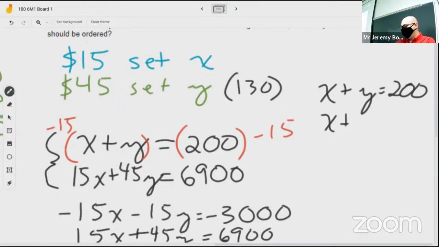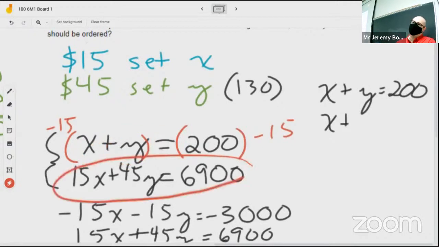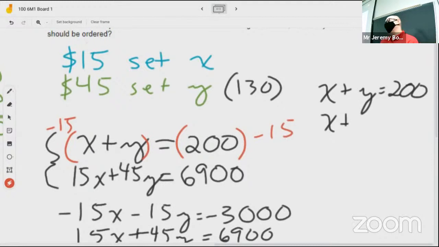If I solved this for Y is equal to 200 minus X, I don't want to plug that back into here. I don't want to plug it into the other one. So that's the only real restriction you have of where you're plugging things in. After that, you can plug it in to any of the equations that you either find or you were given. I always say to use the one that you were given just in case you made a mistake.